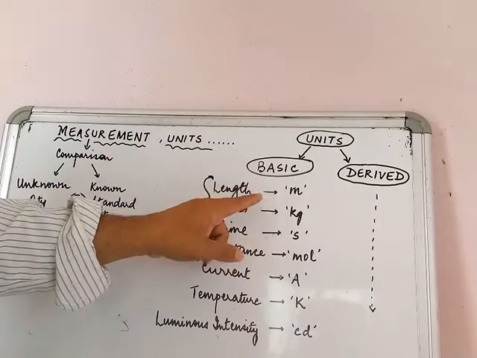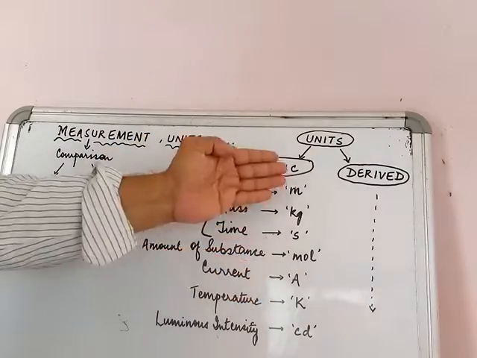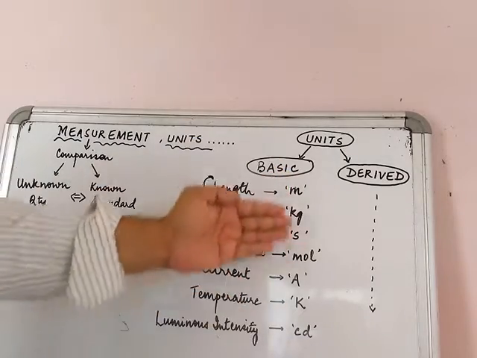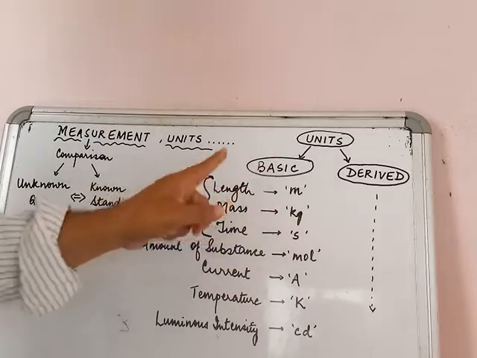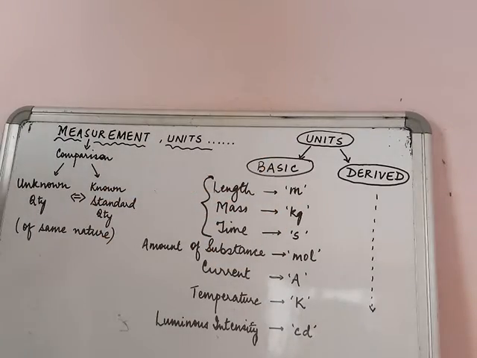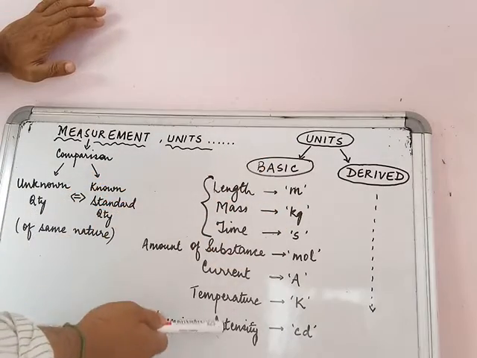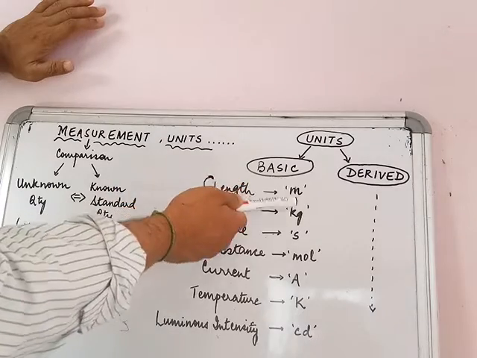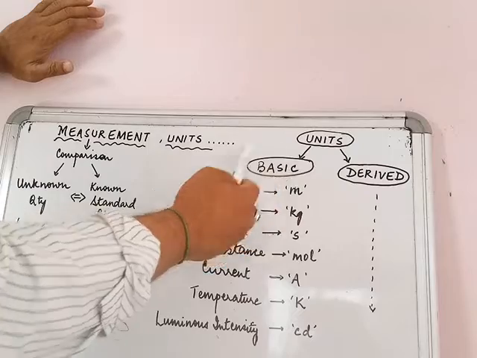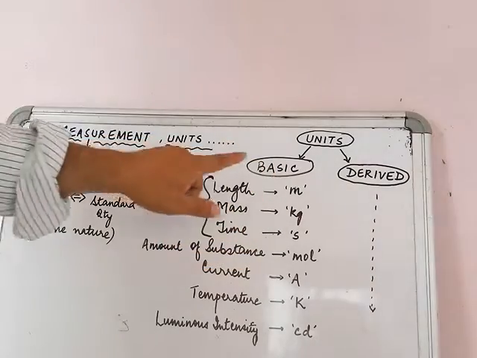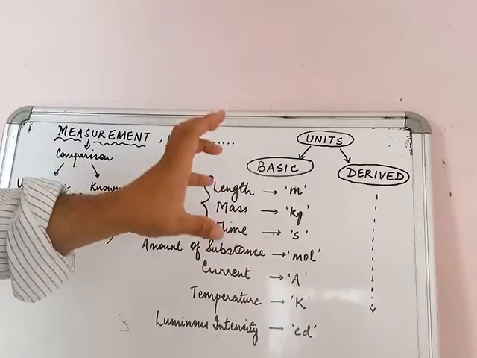Whereas after the arrow, what I have mentioned are the units which are related to these physical quantities. So these are the names of the physical quantities and these are the units that pertain to them, and obviously they all come under the heading of basic or fundamental entities.